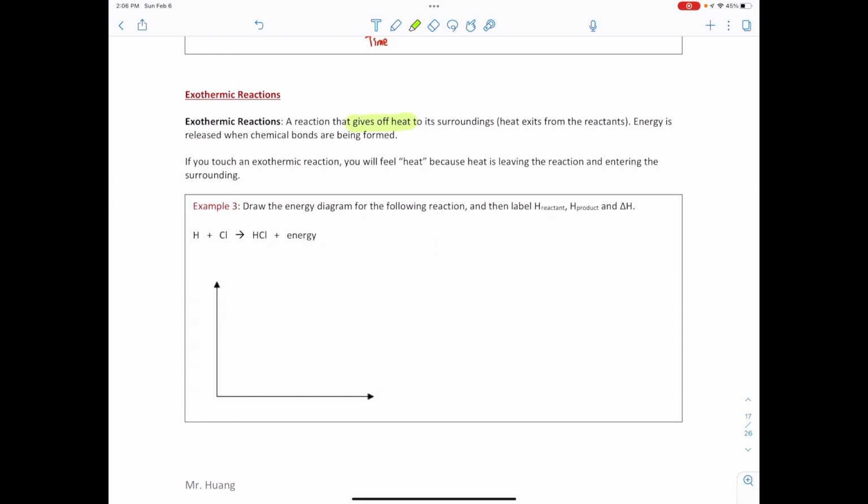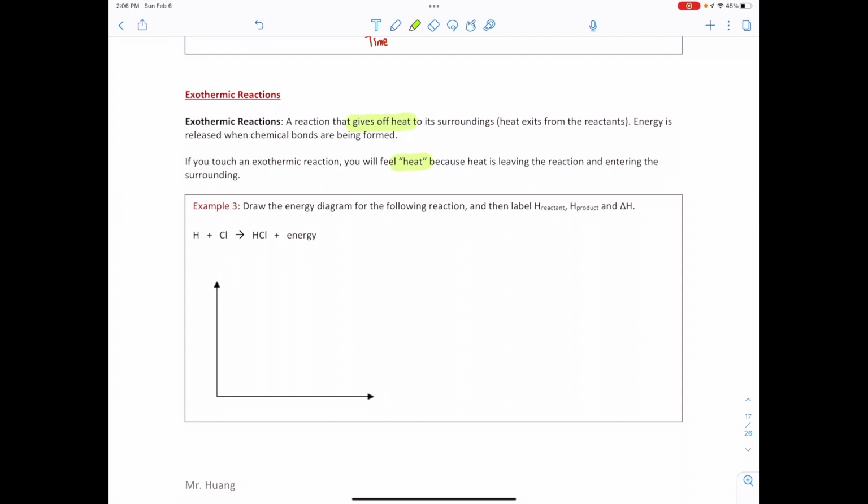If you touch or are near an exothermic reaction, you'll feel the heat, because the heat is leaving the reaction and entering its surroundings. A lot of explosions or burning are exothermic reactions, because if we're near the reaction, we feel the heat, and that heat is being given off when chemical bonds are being formed.